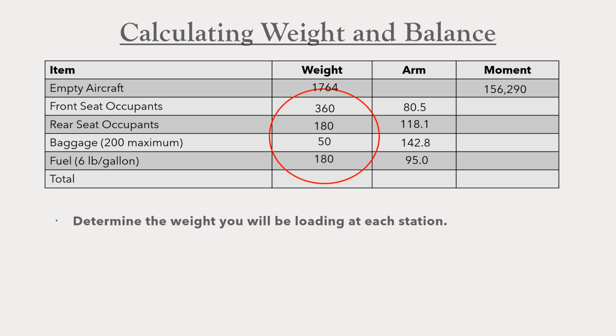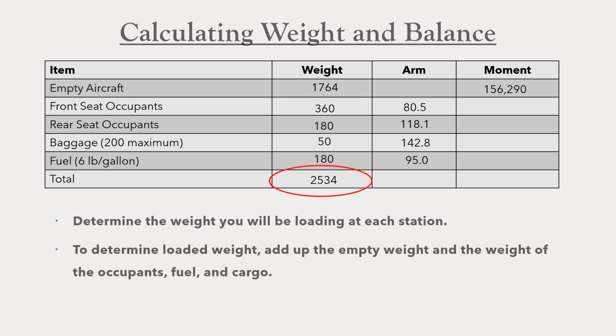So next you need to determine how much weight you've added in each of these locations. So you have to have a good guess at what each occupant weighs and how much baggage you're putting in the baggage area. For fuel, you should use 6 pounds per gallon of fuel. So you add up all the empty weight and the weights of these things you've added, and you get a number.